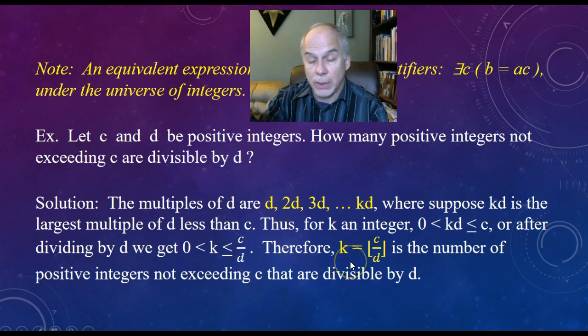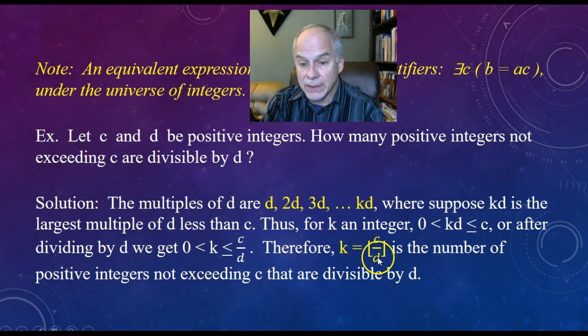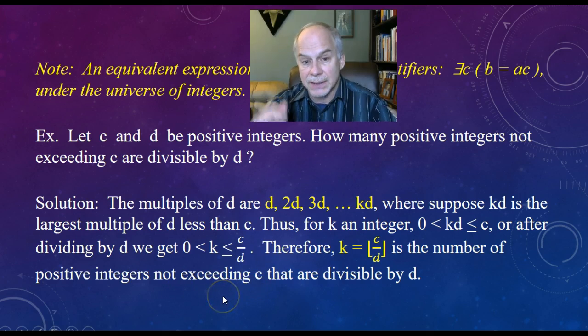Now if we divide all the parts of that inequality by d, you get that k is between 0 and c over d. Now it could equal c over d if d divides c, then it would be a whole number there, but k is in between 0 and c over d. Now we know that k is the largest multiple, so it's actually the largest integer, or we say the integer function, or the floor function of c over d. So k would equal the floor function of c over d. That is the answer to this question of how many positive integers not exceeding c are divisible by d.